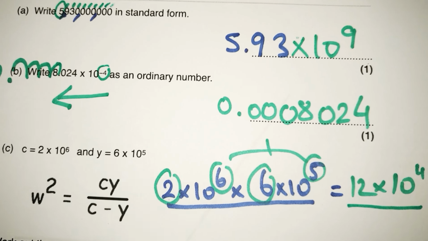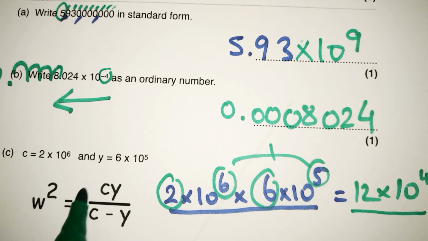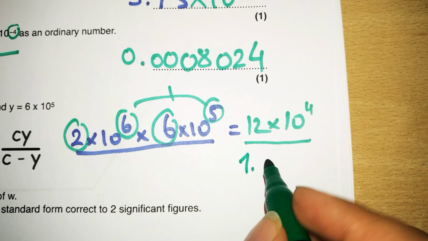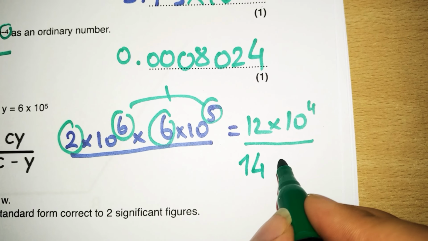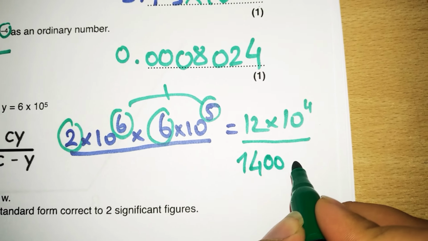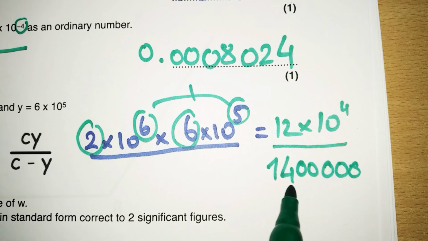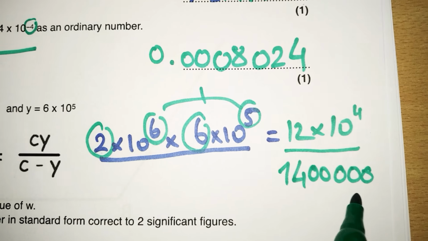The calculator is allowed. If you put these numbers in your calculator, you will get 1,400,000.